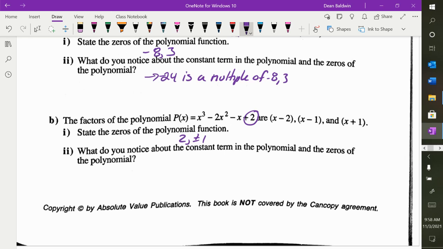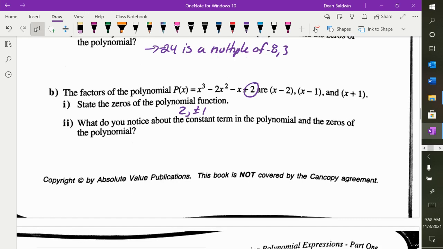If you ignore the signs, the constant term and the factors of the polynomial are related. Basically, the zeros are the factors of the constant term. That's what I'm trying to say.